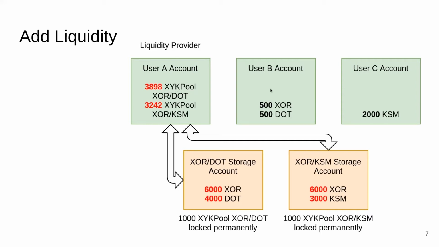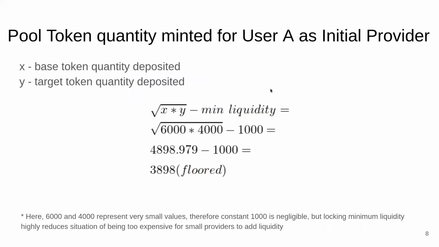Next step, these are the formulas for these calculations, and the initial provider also needs to sacrifice some minimum liquidity, which is constant and considered to be negligible compared to token value, and that minimum liquidity is needed to highly reduce the risk of the pool being too expensive for small providers to add liquidity.